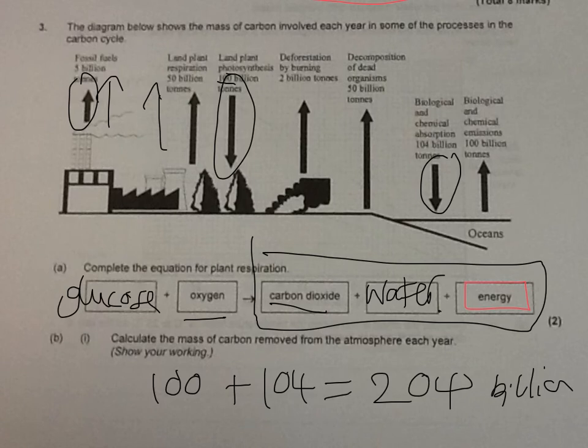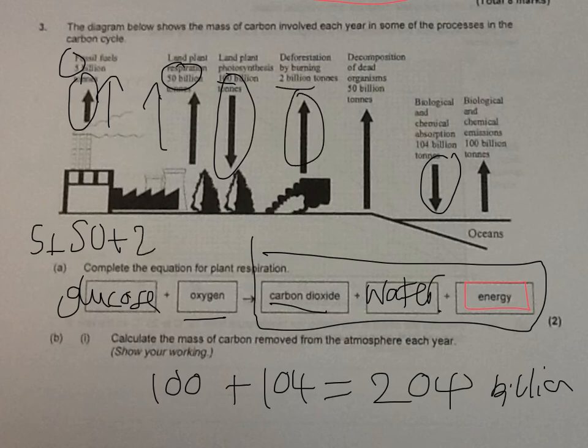Okay, so we can see that for the carbon going into the atmosphere, we've got the fossil fuels being burnt, which is 5 billion. So we'll keep a track of this down here. We've got 5 plus 50 from land plant respiration. We're not going to do photosynthesis yet because that's taking it away, so we'll do deforestation next, which is 2 billion, so plus 2.